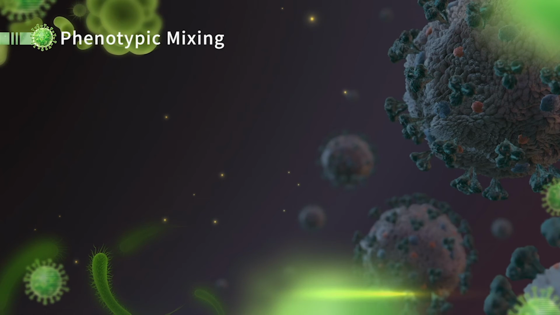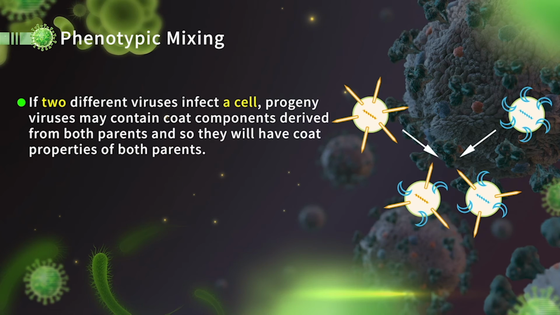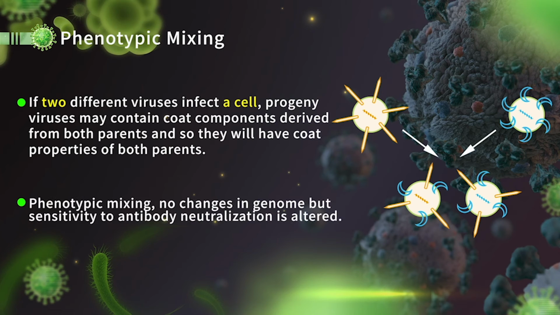Phenotypic mixing. If two different viruses infect a cell, progeny viruses may contain coat components derived from both parents and so they will have coat properties of both parents. With phenotypic mixing, there is no change in genome, but sensitivity to antibody neutralization is altered.